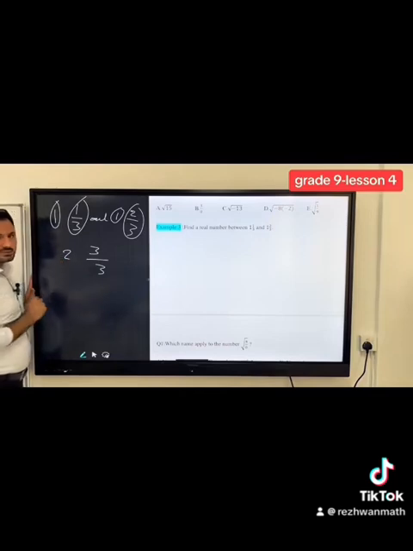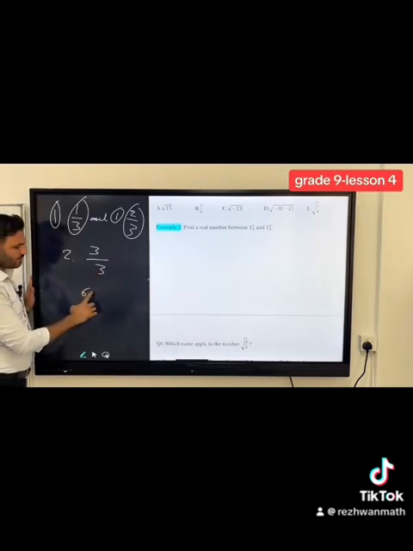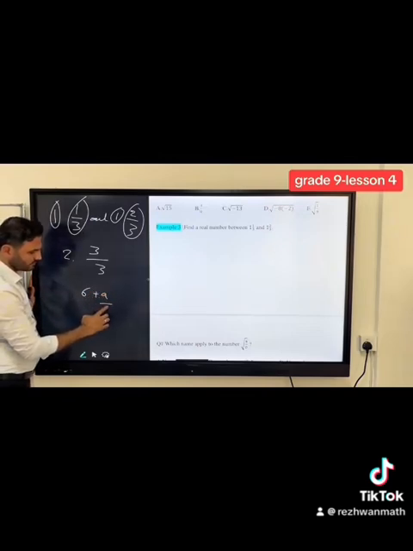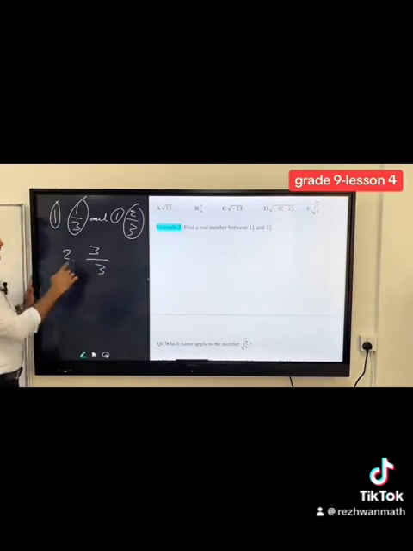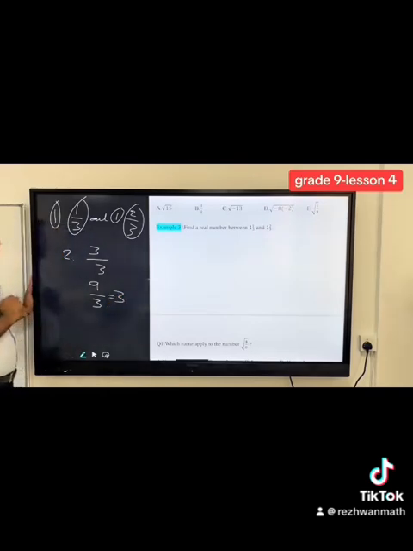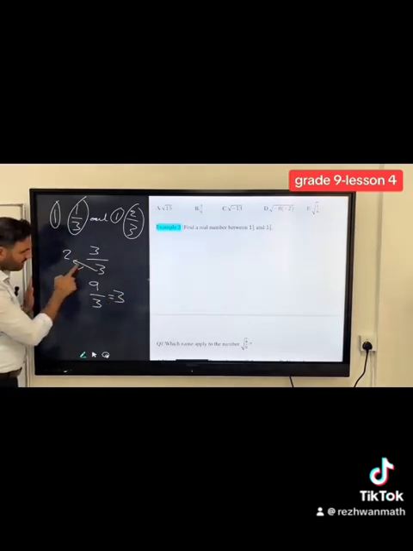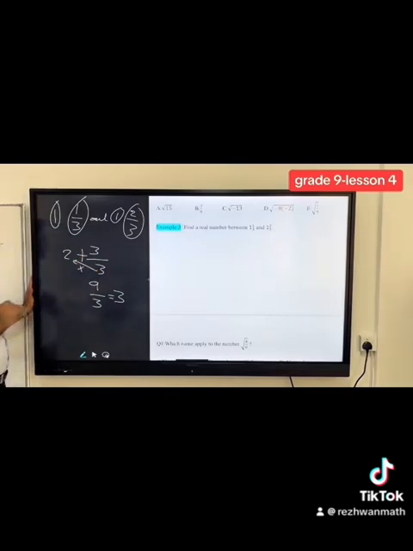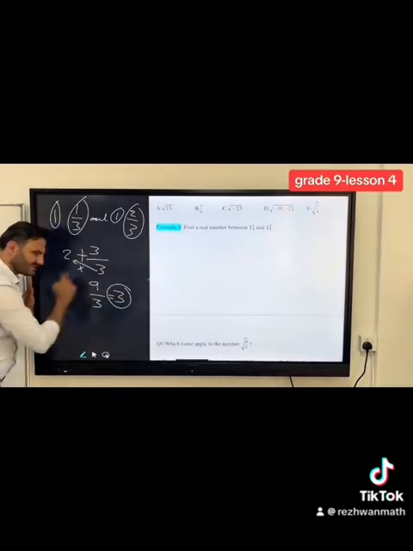We can divide both parts by 2 directly, or change to a fraction. Change the mixed number to a fraction. 3 times 3, we get 9, plus 2, we get 11 over 3. How? We multiply the whole number by the denominator, then add the numerator.